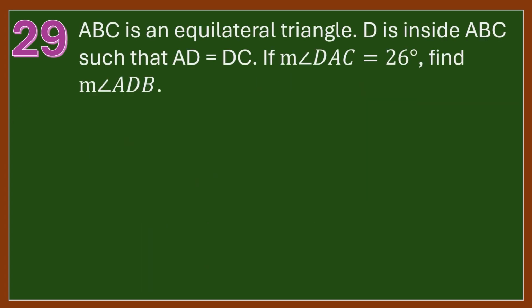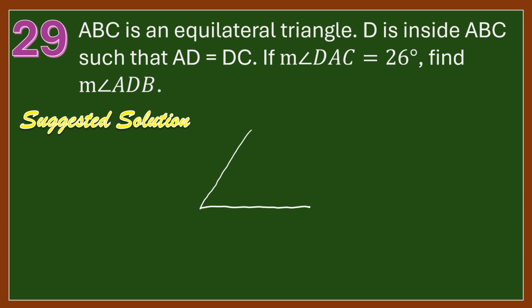Number 29. ABC is an equilateral triangle. D is inside ABC such that AD equals DC. If the measure of angle DAC equals 26 degrees, find the measure of angle ADB. For our suggested solution, let us draw the equilateral triangle ABC.